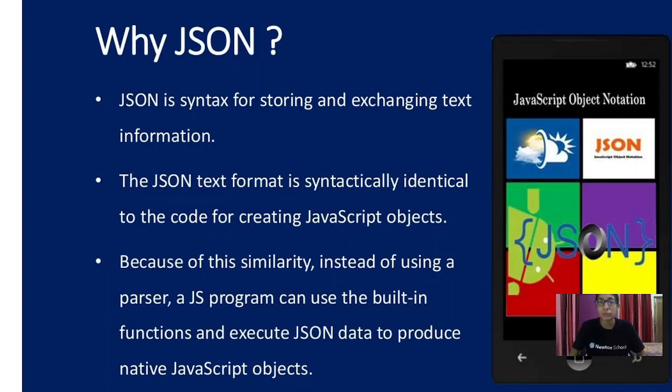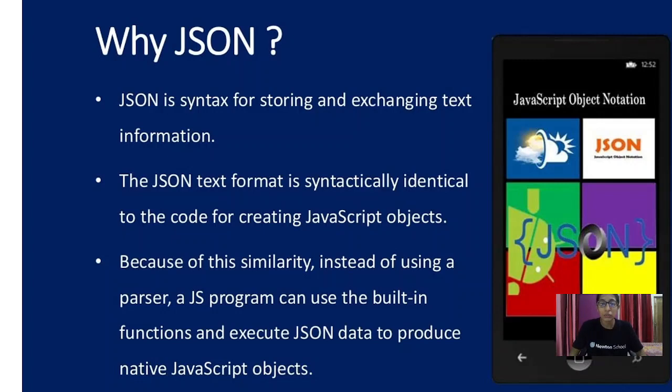Now, why is JSON being connected to each and every thing? JSON is a syntax for storing and exchanging text information. When JSON text has been converted or parsed, that is the code we use to create an object in JavaScript.